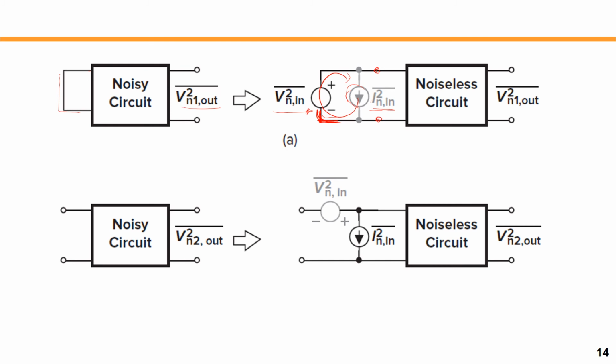What happens for the input open case? If the input is open, here in the equivalent model, this voltage source is hanging in the air. It doesn't affect the noise voltage. You can think of it as an infinite resistor connected there. So no current here, I equals 0. So this voltage doesn't affect the input network. What affects it is that this noise current will flow through the input impedance of the circuit.